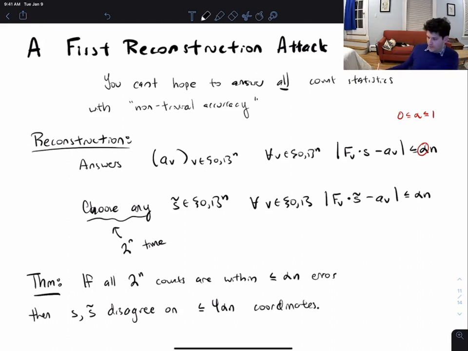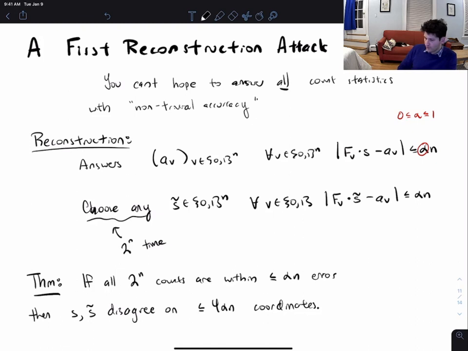Okay, so what does that mean functionally? So first of all, when I say disagree, what I mean is that S tilde gives the wrong secret bit for at most 4 alpha n people. And what that means is I'm recovering essentially all of the secrets if alpha is small. And let's just look at some special cases of this.